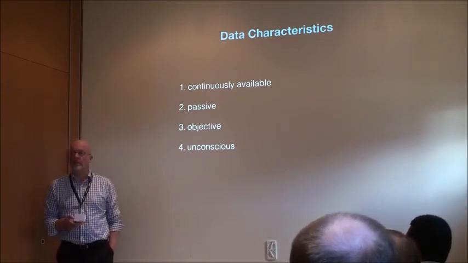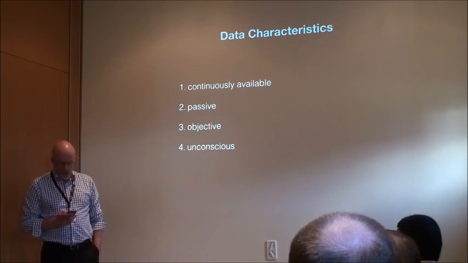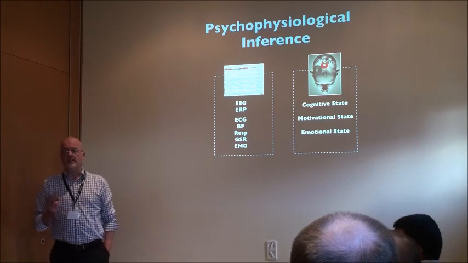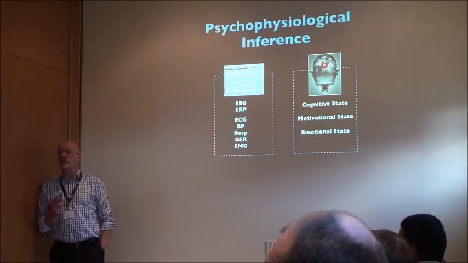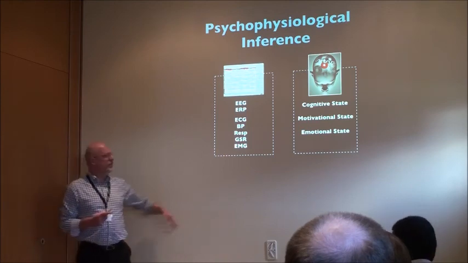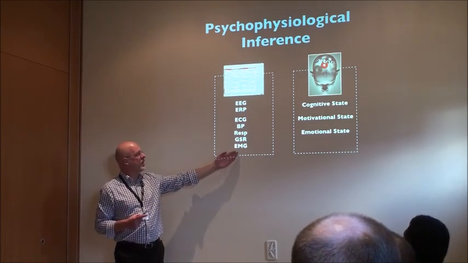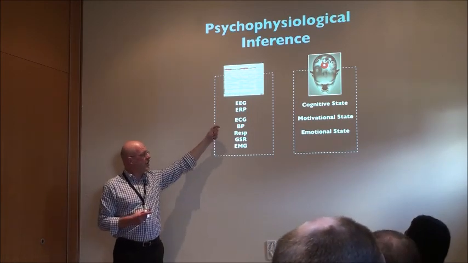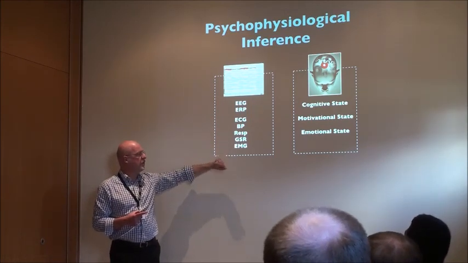But of course, life is not that simple. What makes things very complicated is this act of what we call psychophysiological inference. We have basically a bunch of physiological measures on this side. This is EEG and ERP, which are from the brain. ECG is heart rate, BP is blood pressure, and there is respiration.